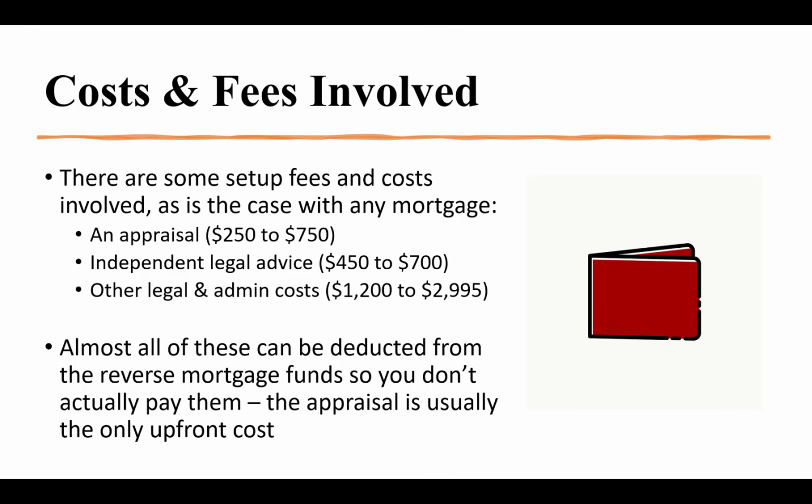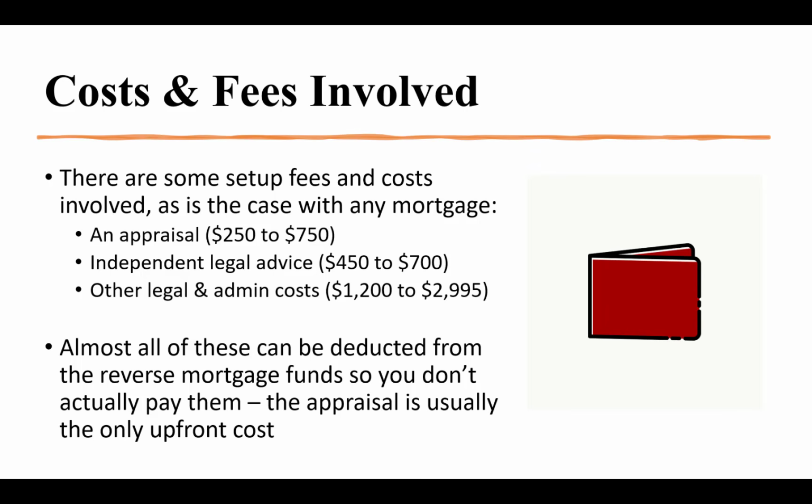And then the other legal and admin costs. These do exist with other mortgages because there are costs to register a mortgage on title and legal costs, things like that. And then some of the lenders also charge administrative fees. So that's why there's a range here depending on the lender and the fee setup.